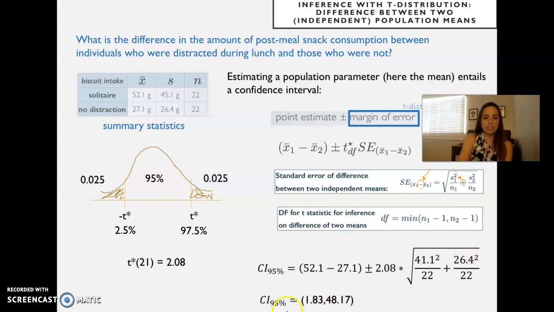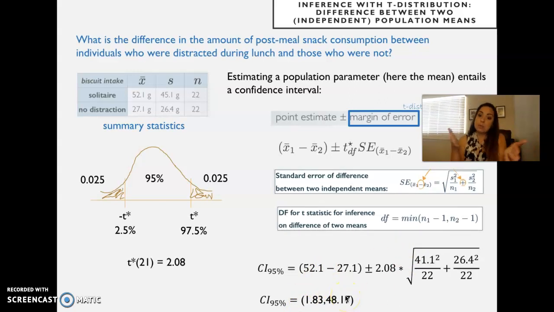And that gives the confidence interval that the difference in the amount of snacking is somewhere between 1.83 and 48.17 grams. So we're confident that there is a difference there, but it could be very tiny or very large.